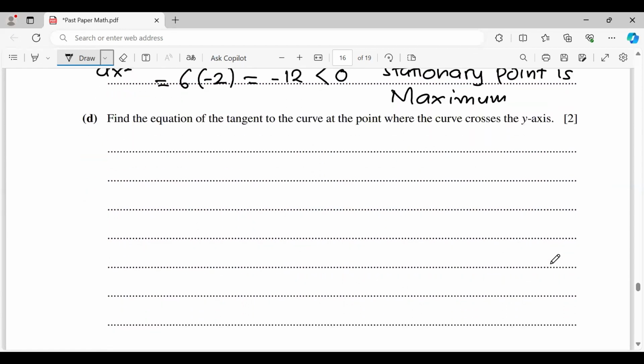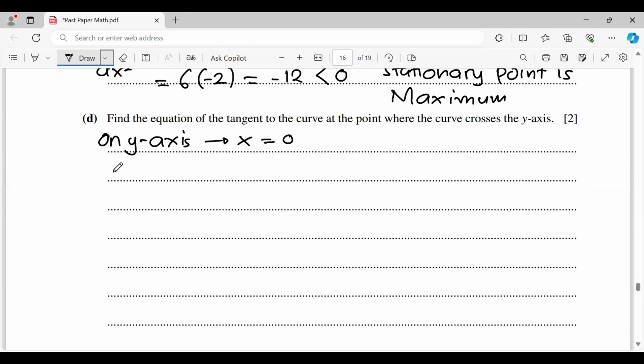Find the equation of the tangent to the curve at the point where the curve crosses the y-axis. Okay. Right. On the y-axis, x equals 0.